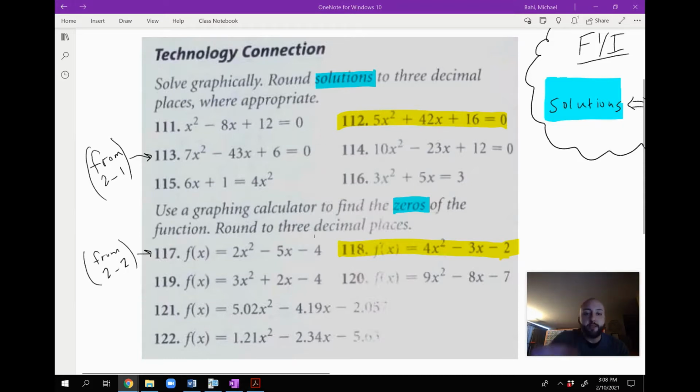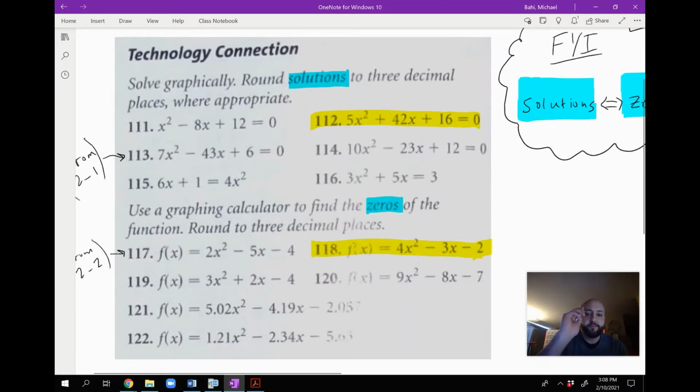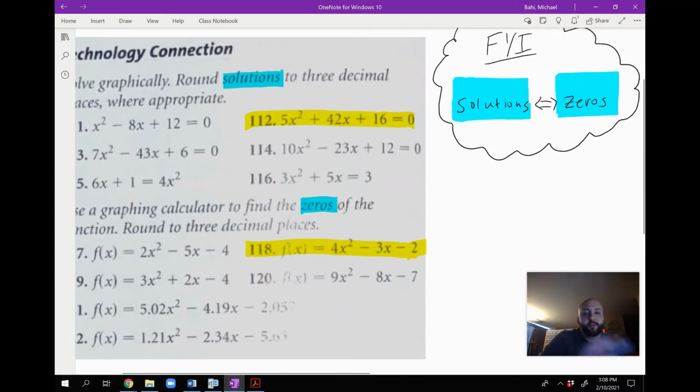The reason I'm pointing this part out is because problems 112 and 118 kind of look different. In 112, they're set equal to 0. In 118, it says f of x is equal to so and so. Number 112 is written as an equation set equal to 0, and number 118 is written as a function.